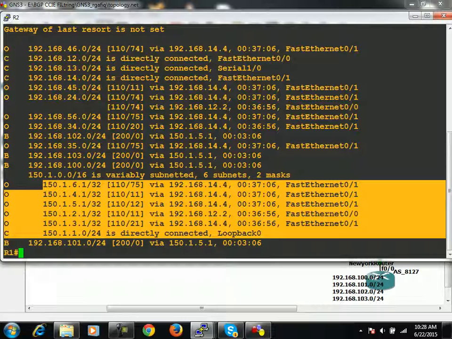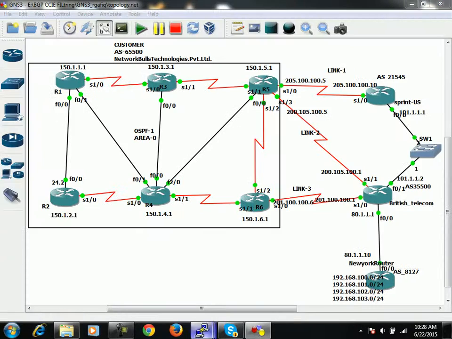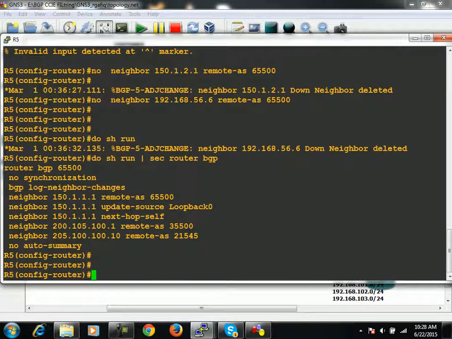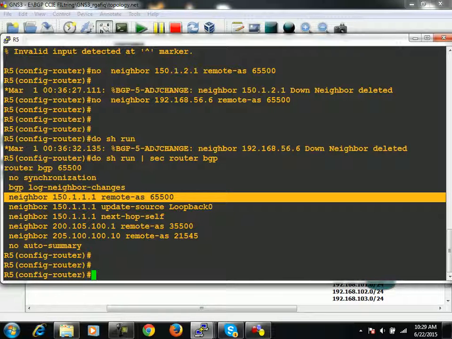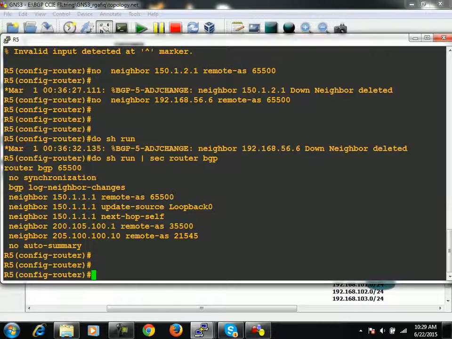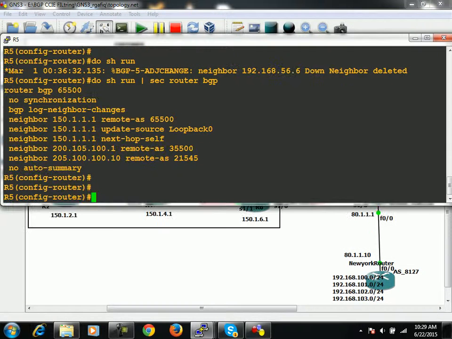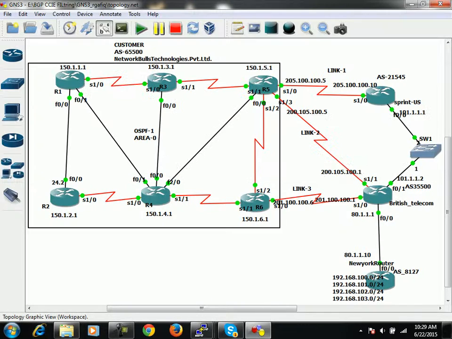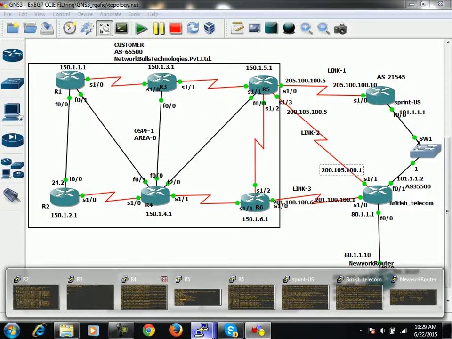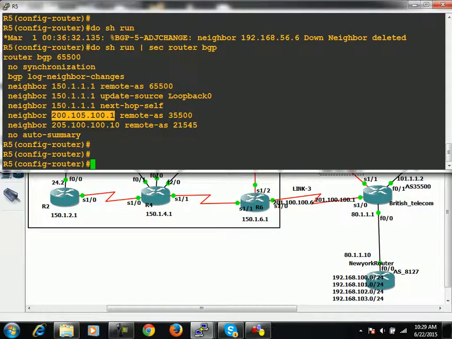Understood? So basically here on R5 we can see that this configuration is there. It means it is having iBGP neighborship with R1, and also it is having neighborship with 200.105.100.1, which is BT's IP address. So R5 is having neighborship with BT as well as with Sprint.